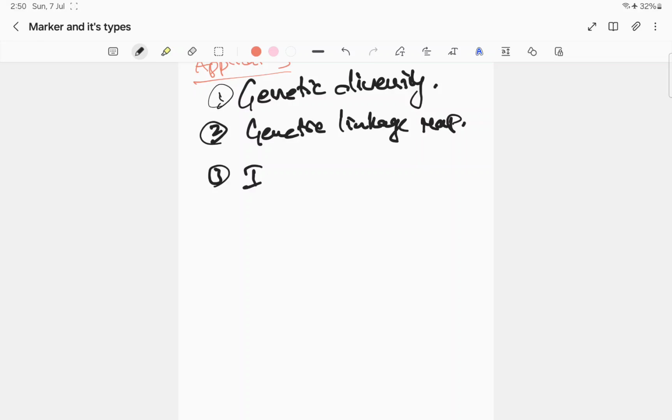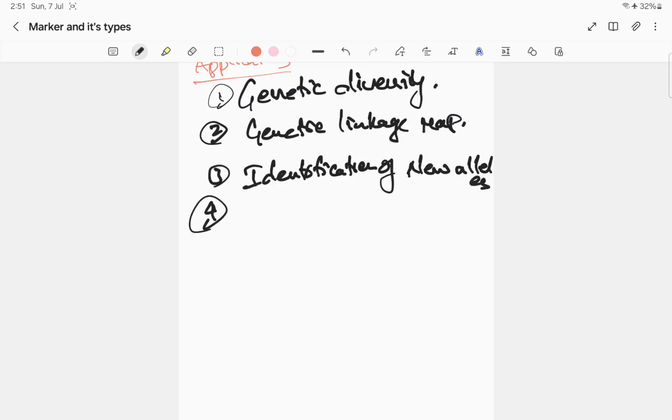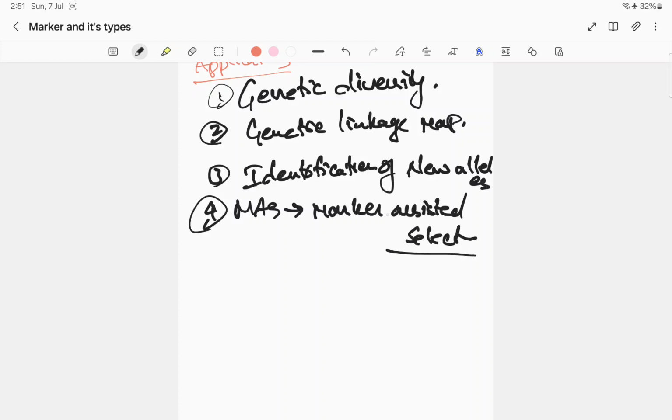If any new alleles are present in a germplasm, we can identify them using molecular markers. The fourth point is marker assisted selection. We are doing selection with the help of markers.